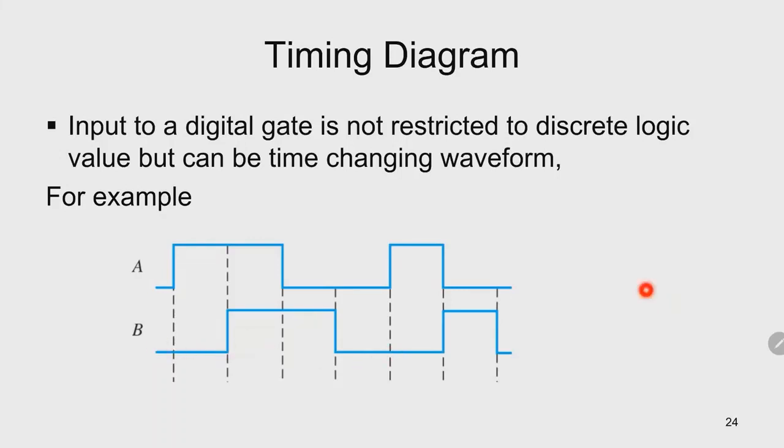If this is my time axis, and this is my starting time, time 0, let's say in nanoseconds, here is 1 nanosecond, 2, 3, 4, 5, and 6. Which means that my input changes every 1 nanosecond. So similarly, the output of my combinational logic will change every 1 nanosecond as well, depending on how the input changes.